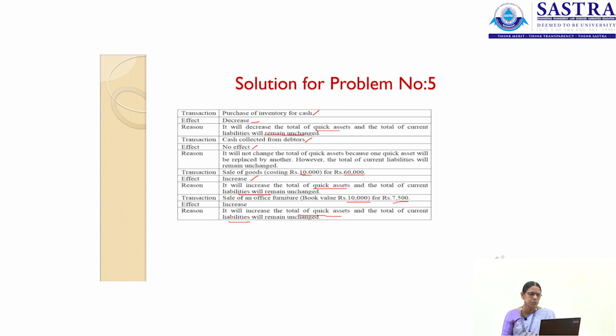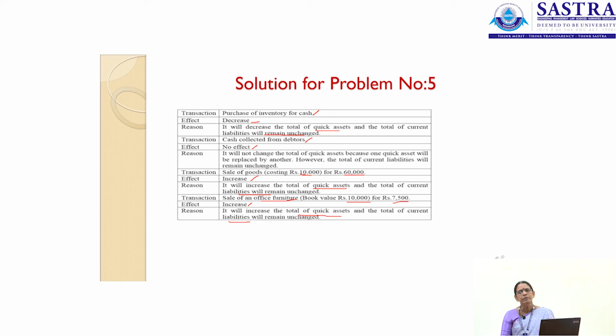Office furniture is said to be a fixed asset. As we are selling it, cash will increase. When cash increases, the total of your quick assets increases and the current liabilities remain unchanged. So with an increase in the numerator and the denominator remaining the same, it will increase the quick ratio. So this is how the impact of all these transactions over the quick ratio is studied.